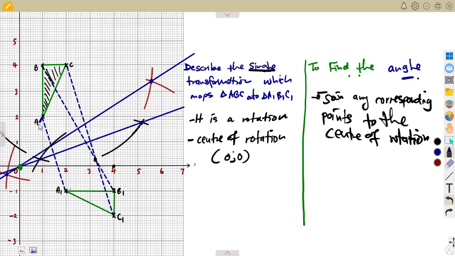Whether you want to use A to the center and A1 to the center, or you are using B to the center and B1, any one. You do not take all of these, just one. You just take any of your choice. All right. So you join any corresponding points, e.g., A and A1, its image.